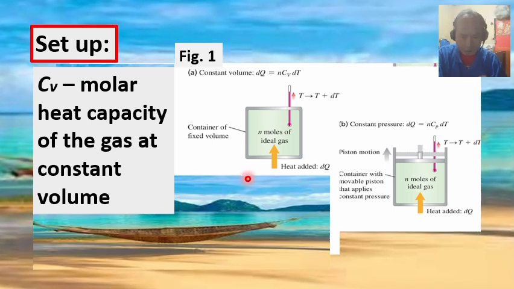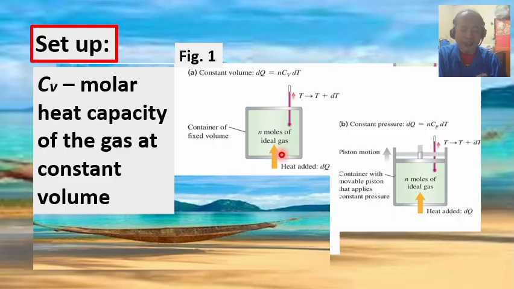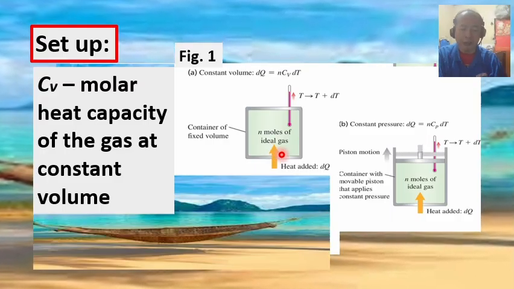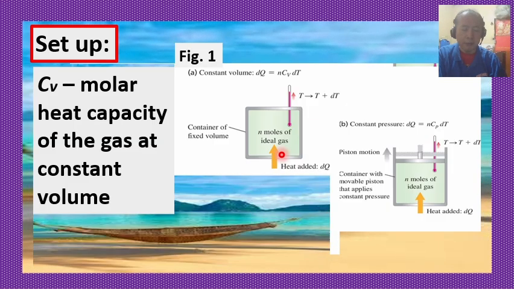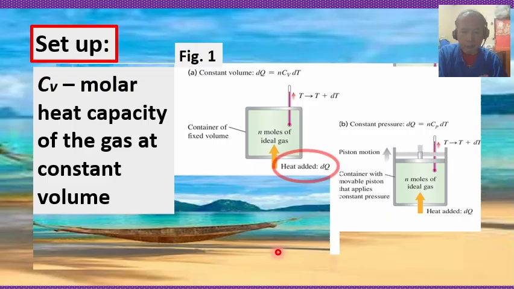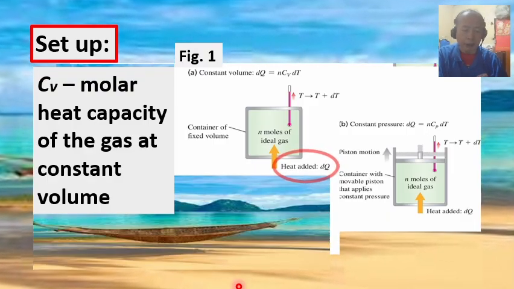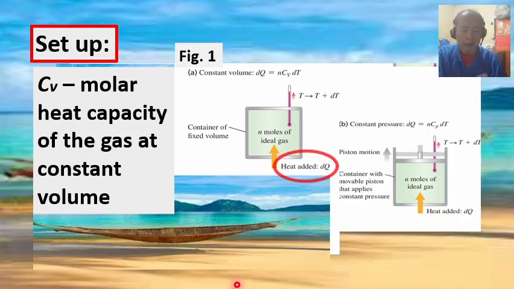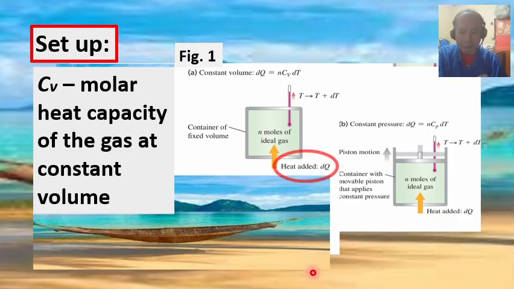Small n moles of the ideal gas, such as argon, is placed in a container of fixed volume, and an infinitesimal amount of heat dQ is added to the system.